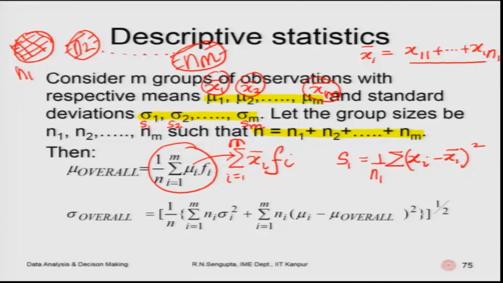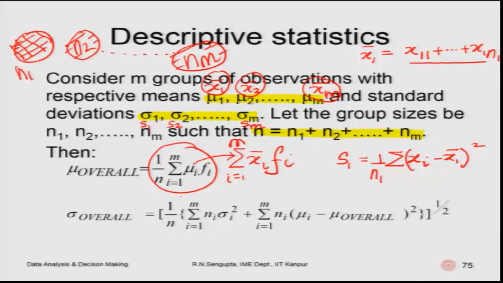So, if I want to find out the overall variance, it would basically consider the individual variance, the group wise variance and the overall one. So, it will be 1 by n, where n is the total set.